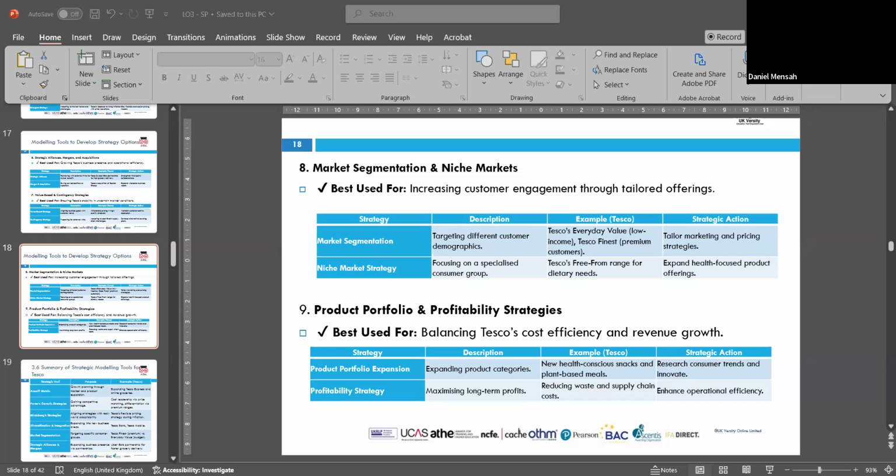So the product portfolio and profitability strategies are helpful with cost efficiency and revenue growth. A product portfolio strategy is basically a collection of all the products and services offered by a company.